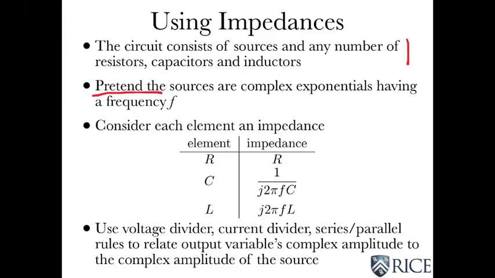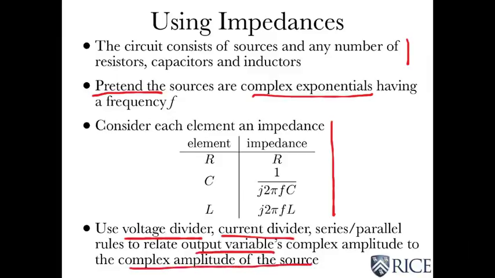We pretend the source is a complex exponential, and that means we can now only worry about complex amplitudes. We replace every element by its appropriate impedance, whatever it may be, and then we can use what we learned from resistive circuits, voltage divider, current divider, series parallel relations, to figure out how the output variable's complex amplitude is related to the complex amplitude of the source.